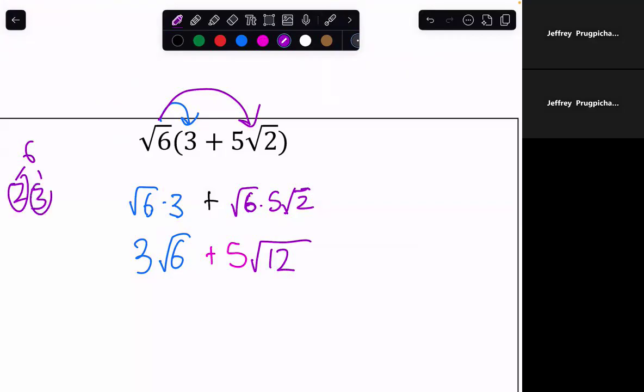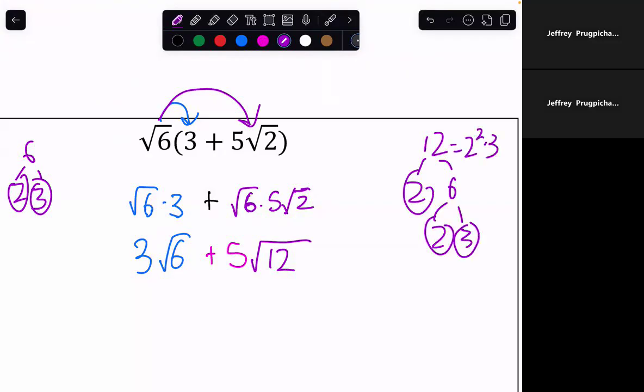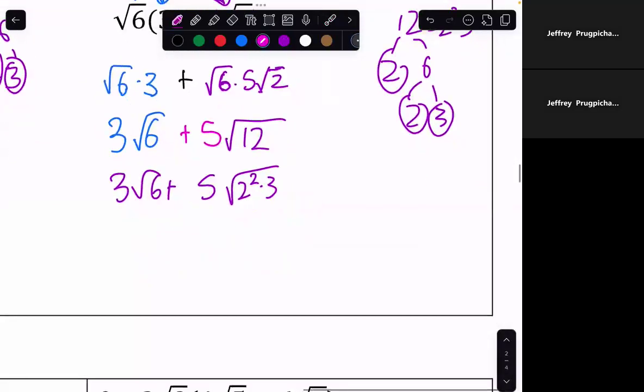Nothing is squared. But 12 is 2 squared times 3. So I can take a 2 out to multiply the 5 and turn it into a 10.